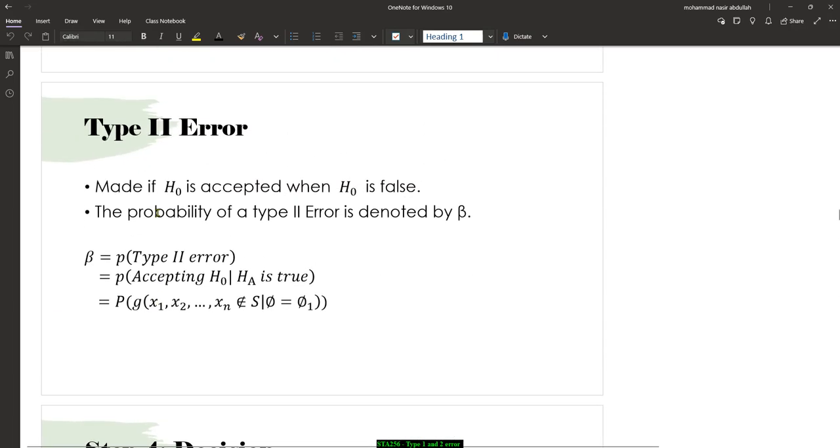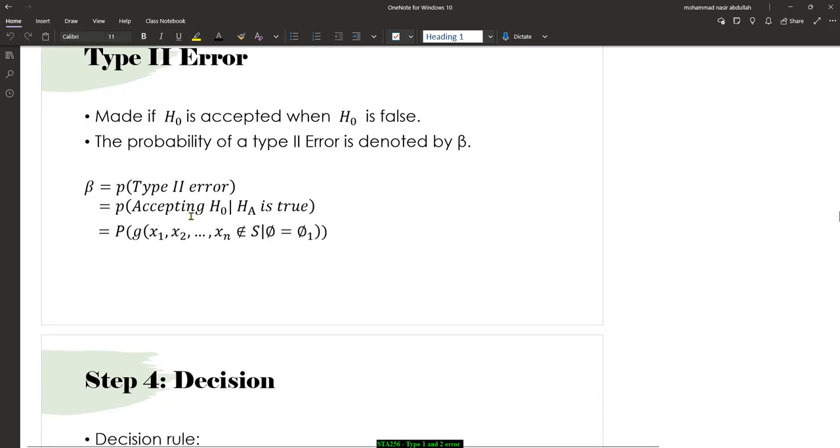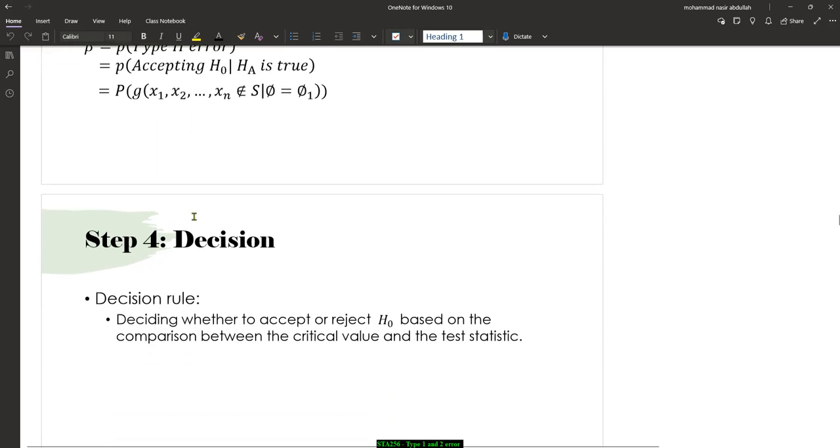Type 2 error is the probability of accepting the null hypothesis when the alternative hypothesis is true. So when the alternative hypothesis is true, we want to know the probability we accept the null hypothesis. That is the definition of type 2 error.